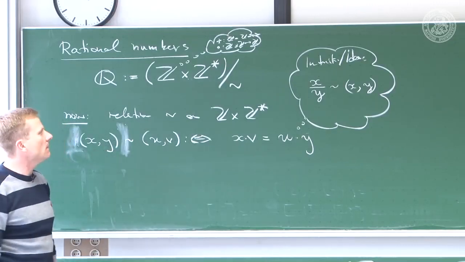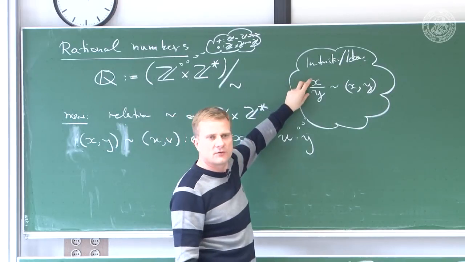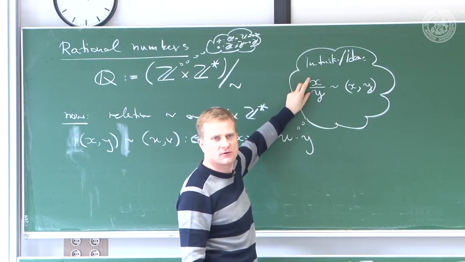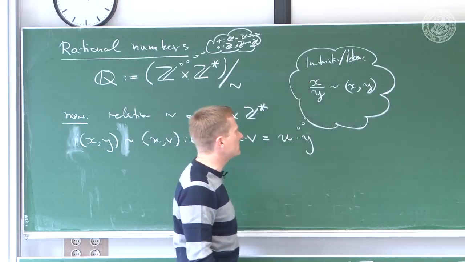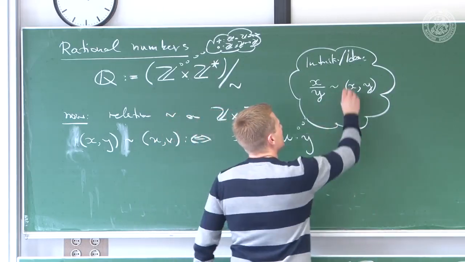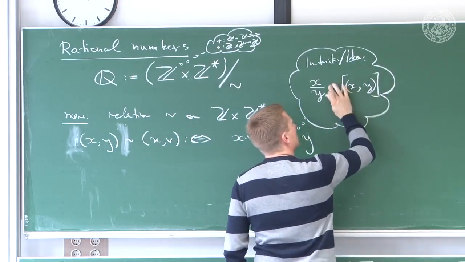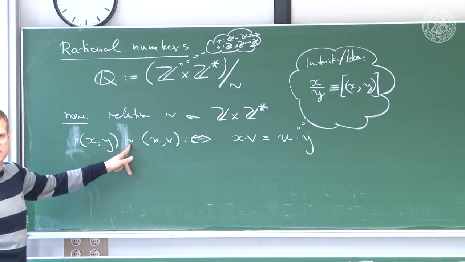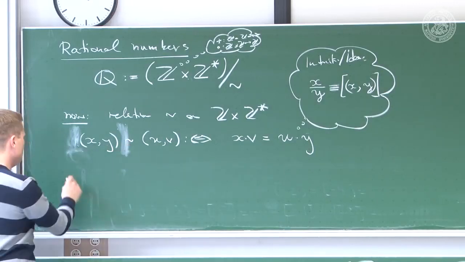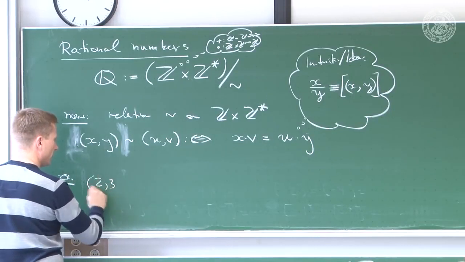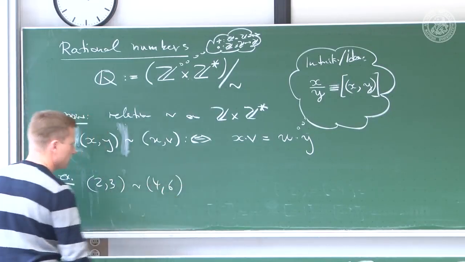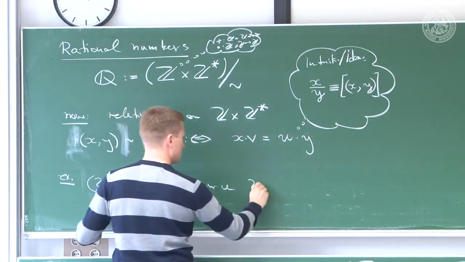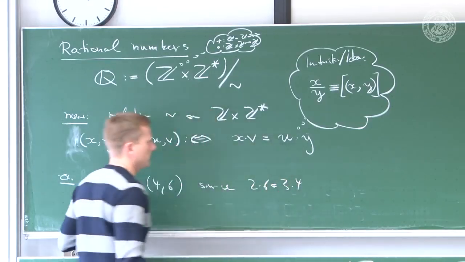But wait, that's not quite true, because the fraction 2 over 3 is the same as the fraction 4 over 6, because you can cancel common factors. So it's supposed to be identified not with the pair, but with the equivalence class of (x, y) with respect to this. For example, the fraction 2/3 is the same as the fraction 4/6, since 2 times 6 equals 3 times 4.